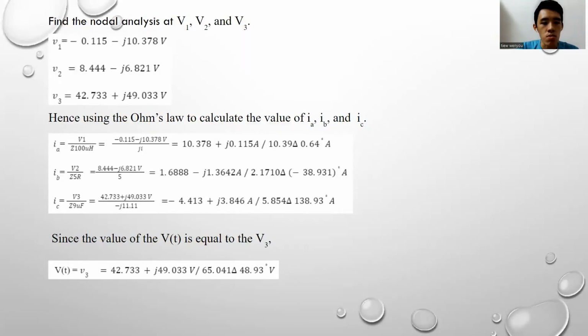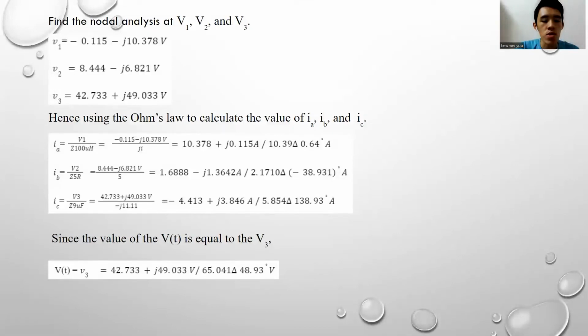So for IA we get 10.378 plus j times 0.115 ampere, or we can say 10.39 angle 0.64 degree ampere. IB will equal 1.6888 minus j times 1.3642 ampere, or we can say 2.1710 angle negative 38.931 degree ampere.